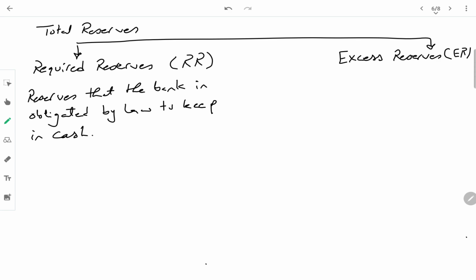This means that the central bank is going to announce a ratio, a required reserve ratio. This is made obligatory by law.